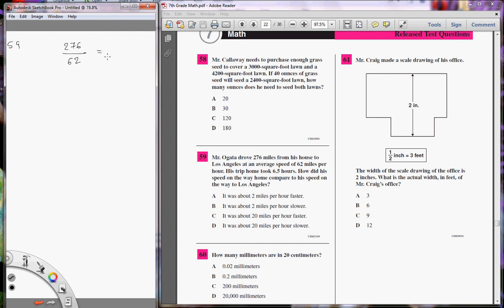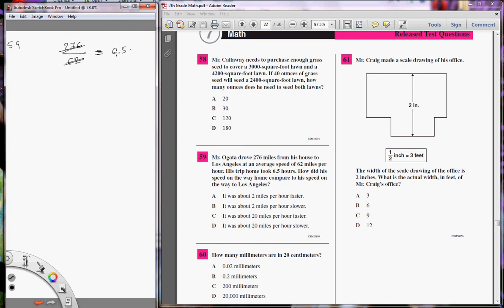So 62 miles per hour from his house to Los Angeles. Let's see how much time it takes.